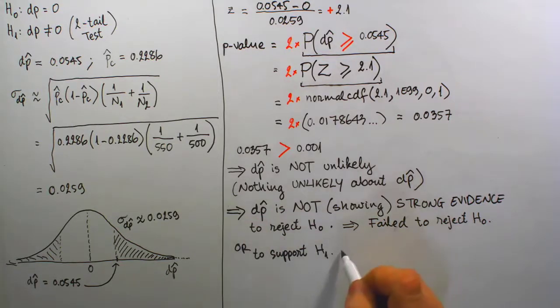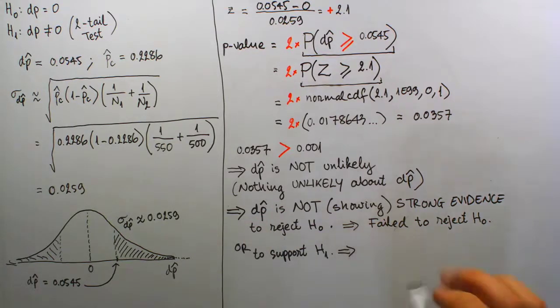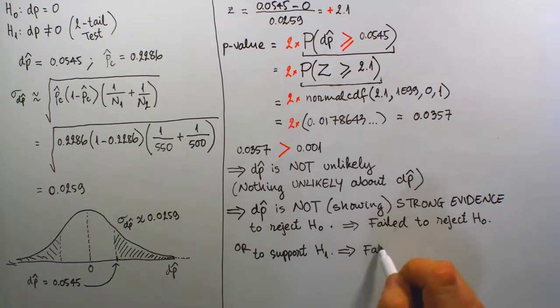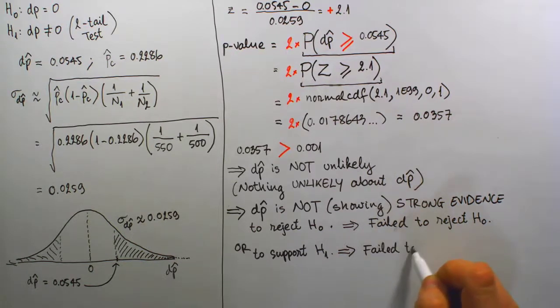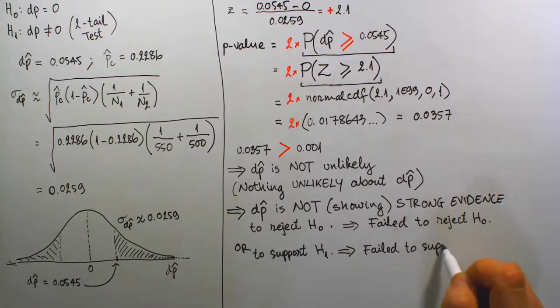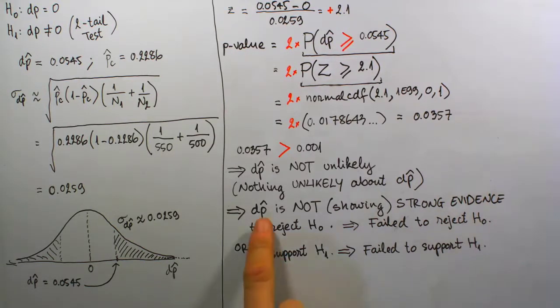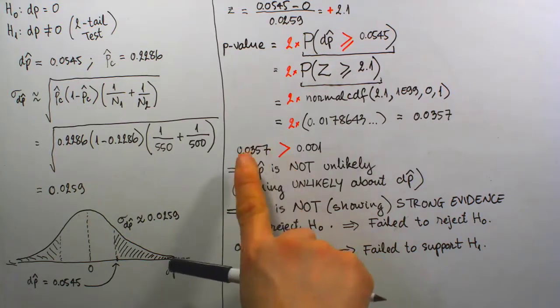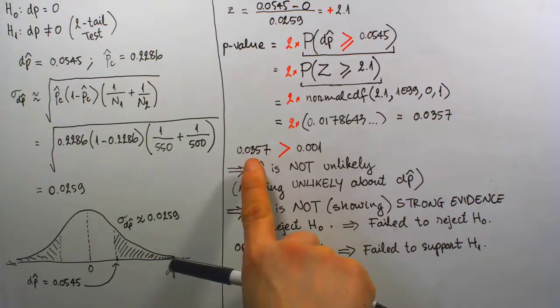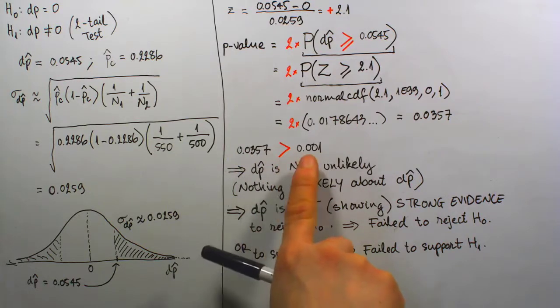Or alternatively, we can say we fail to support H1 using this sample p-hat value by observing that our final p-value calculated here came out above the significance level.